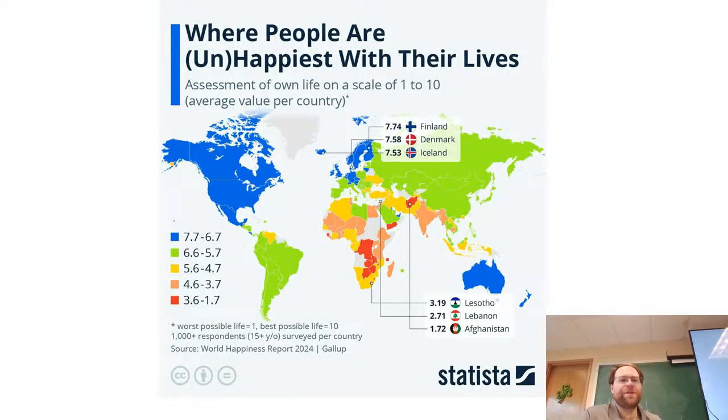Another example where people are happiest or unhappiest with their lives. Glad to see that the US of A is doing pretty well there. Europe usually does pretty well on these surveys too.